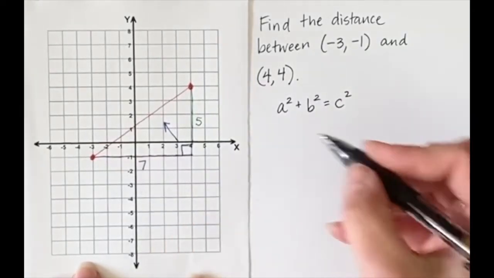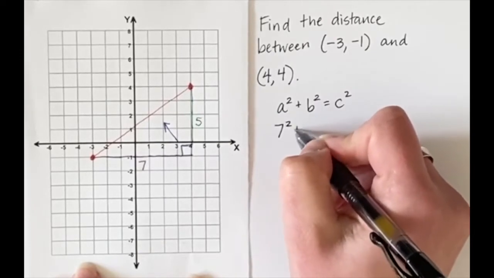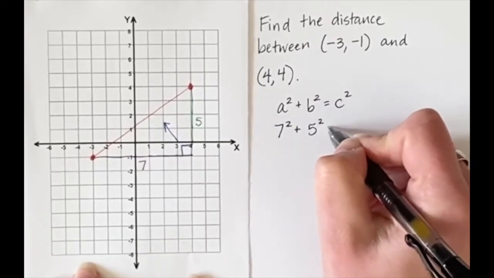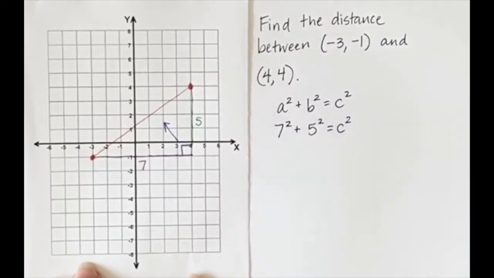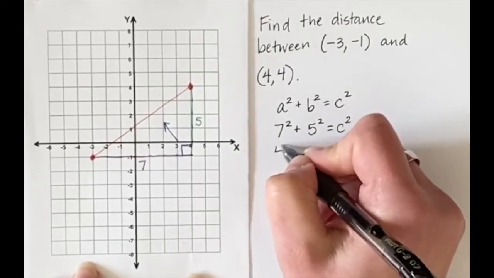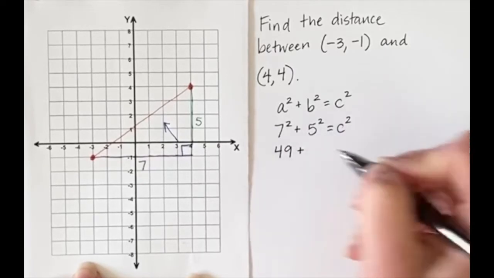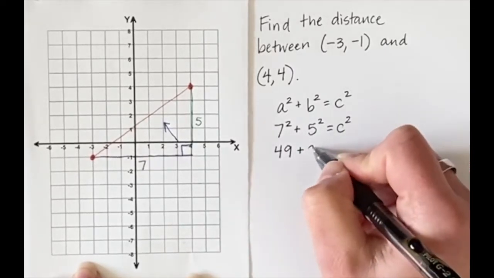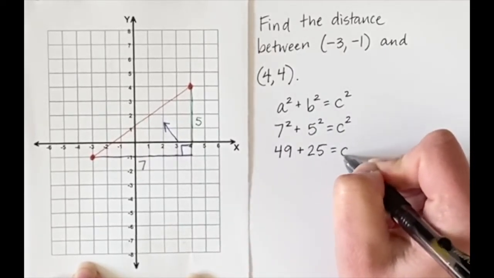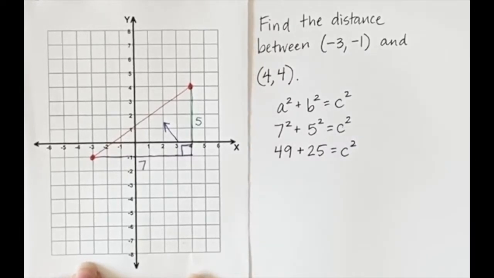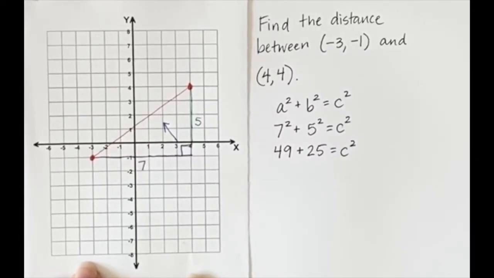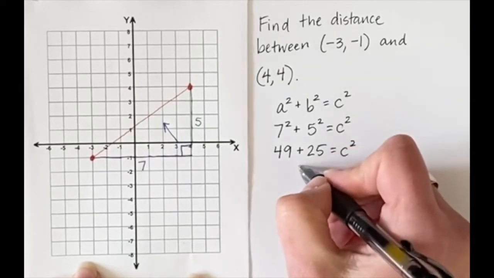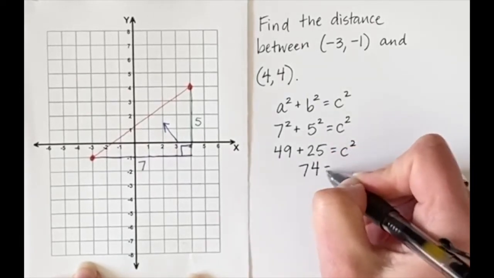So a will be 7, b will be 5, and I don't know what my hypotenuse is yet, but I know 7 times 7 is 49, and I know 5 times 5 is 25. And then when I simplify the left-hand side of that equation, 49 plus 25 is a grand total of 74.